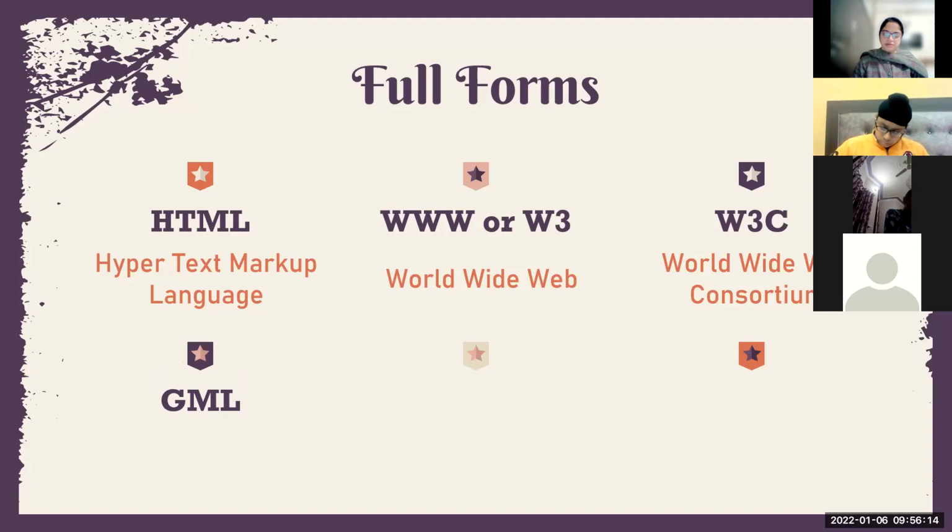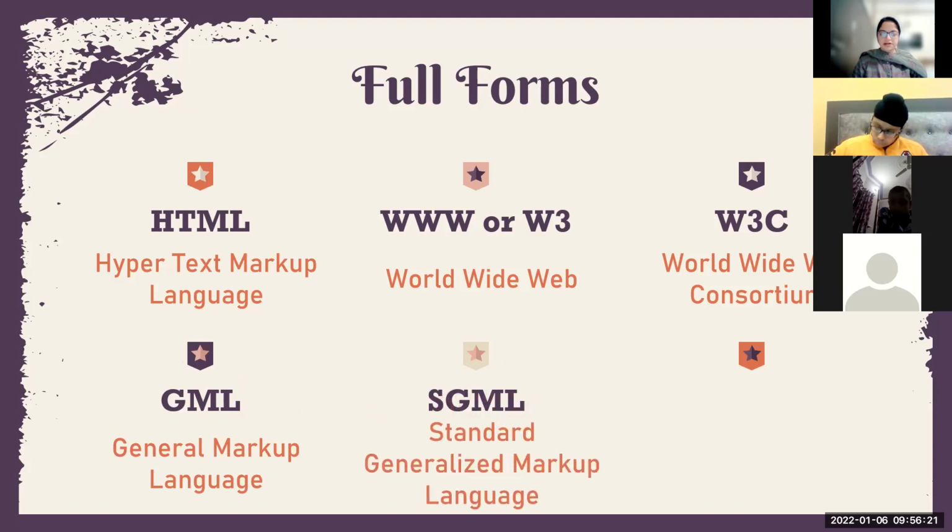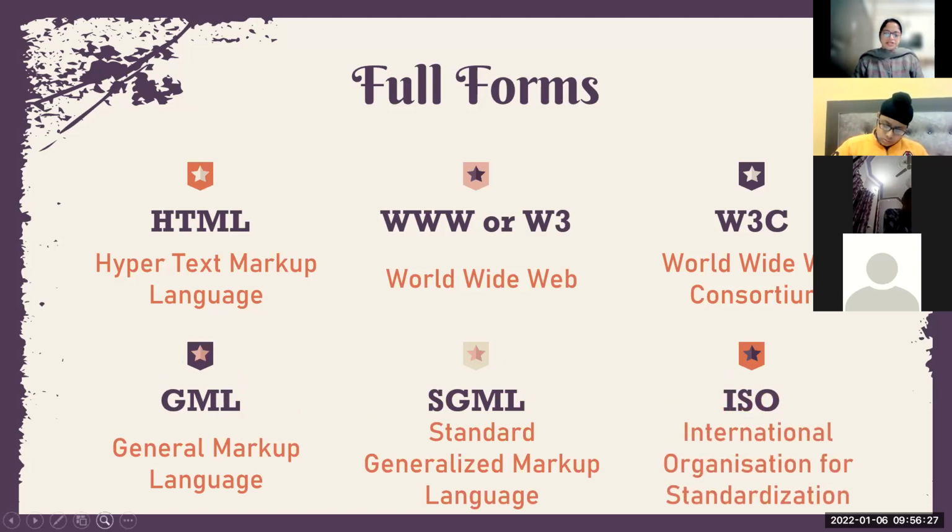Then we are having GML, General Markup Language. SGML, Standard Generalized Markup Language. ISO, International Organization for Standardization. We are having so many full forms in this chapter, so please note down all the full forms.